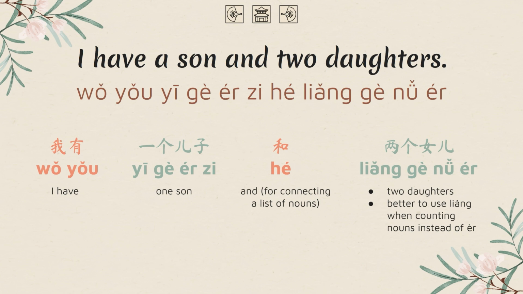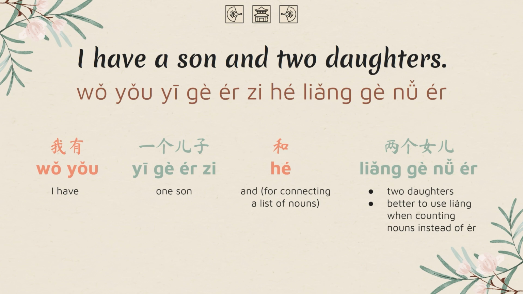How would you say I have 2 sons and 1 daughter? Yep, so you just need to swap the numbers here. So 我有2个儿子和1个女儿. How would you say I have 2 brothers? 我有2个兄弟.